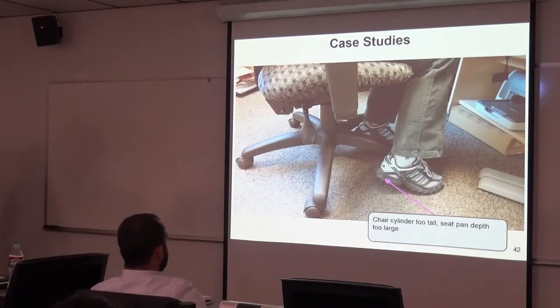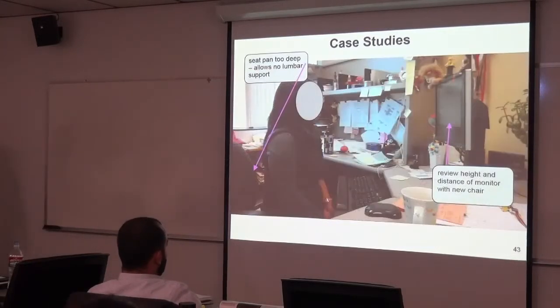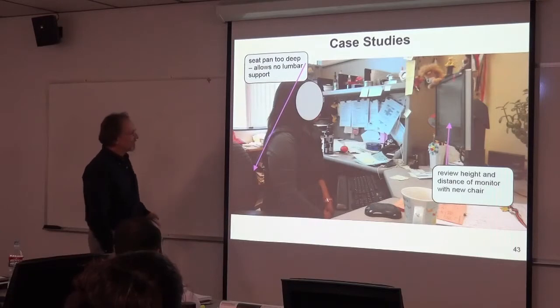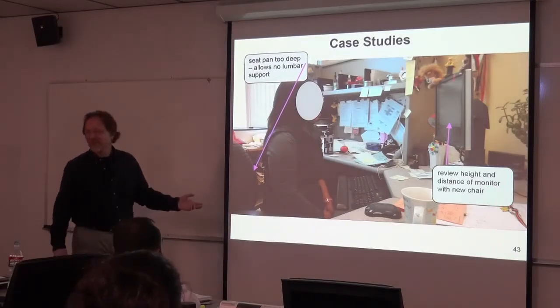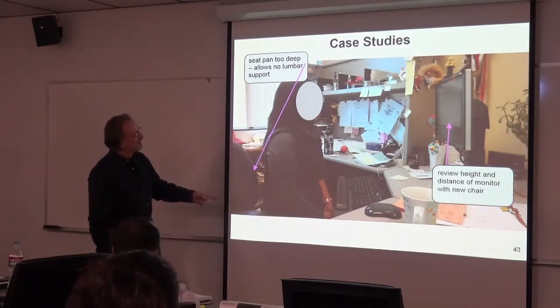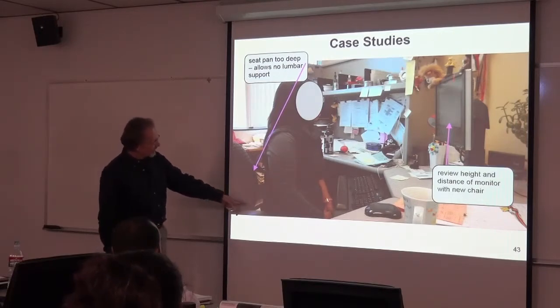So they have their uses, but you have to be careful about how you use them. The seat pan was so deep because this chair was so large, because she just hunted around until she found a chair that was available, that in order to use the keyboard, she had to sit forward so there was absolutely no lumbar support.